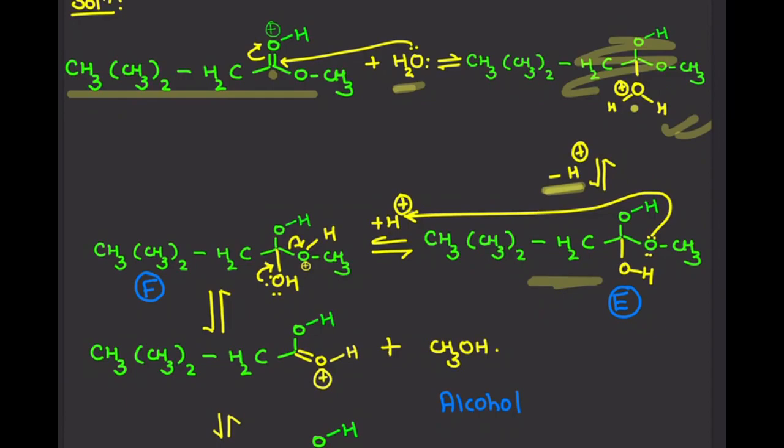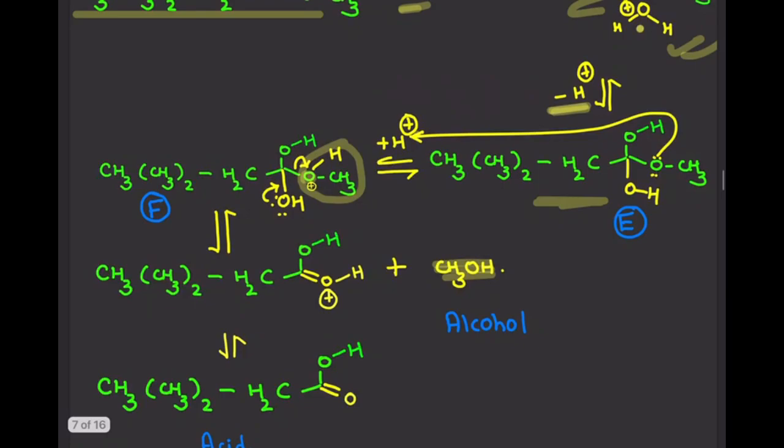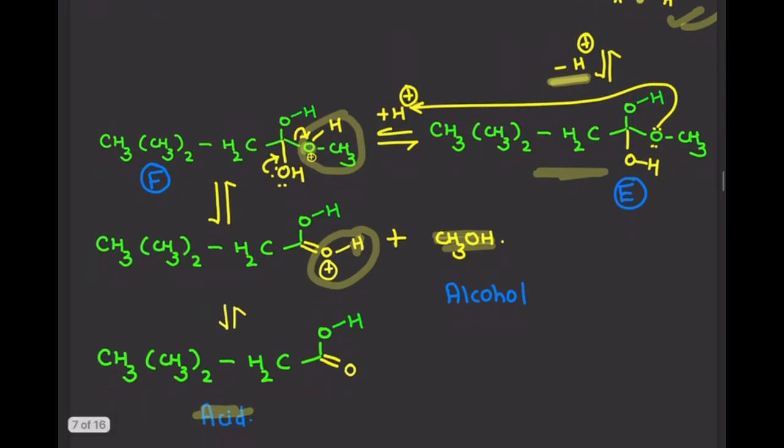Here I am accepting H plus at the CH3O site. This oxygen is accepting the H plus. See, this part is becoming methanol. Now it loses a neutral species, forming the alcohol methanol, and the protonated OH is again losing H plus. This H will be lost, and the final answer is the acid.